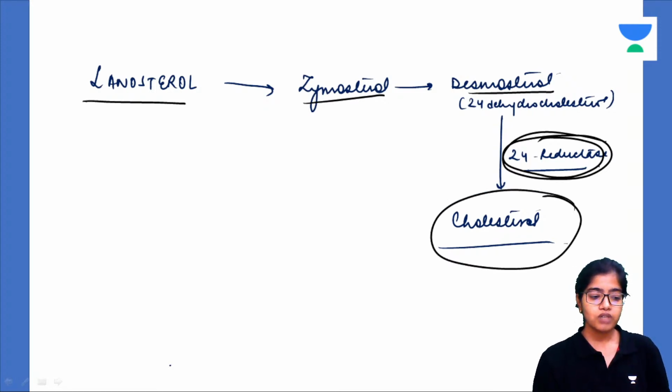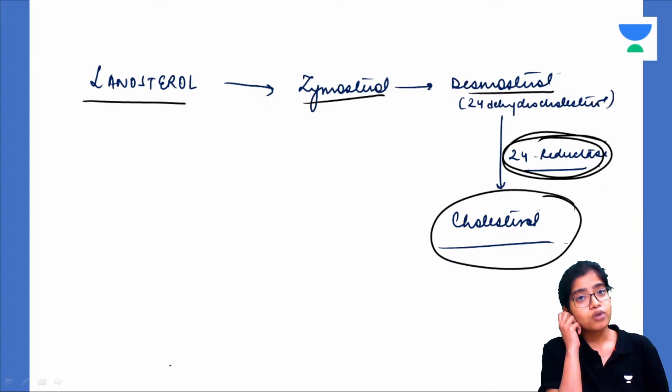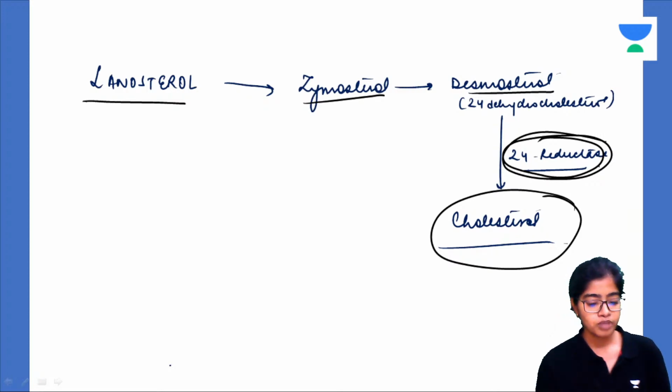Got it? Conversion of lanosterol to cholesterol through intermediates. Two important intermediates are zymosterol and desmosterol. For MCQ purposes, you should know that desmosterol is 24-dehydrocholesterol.